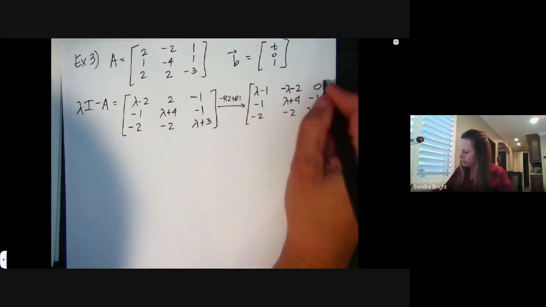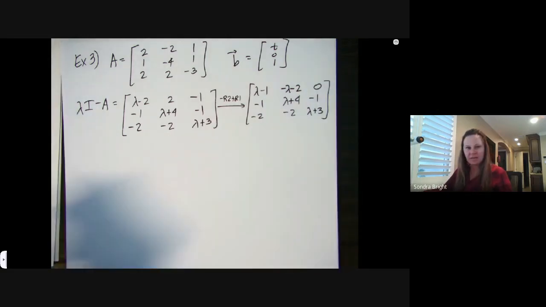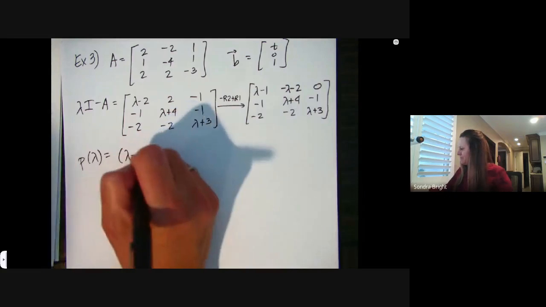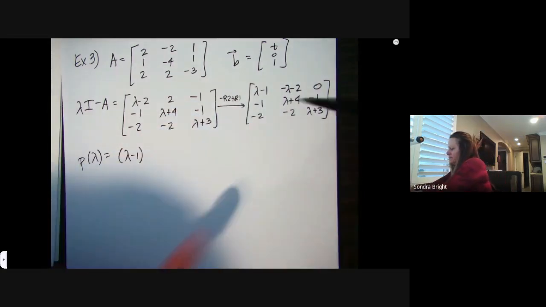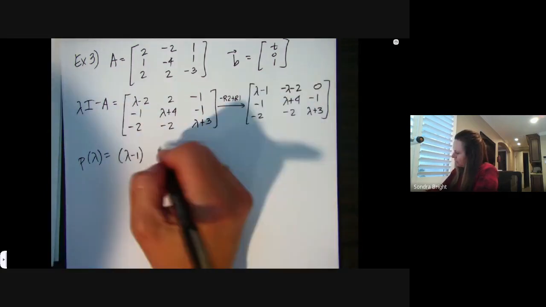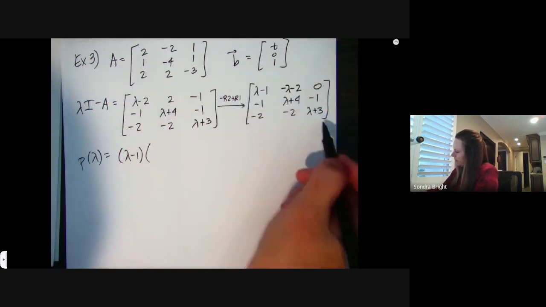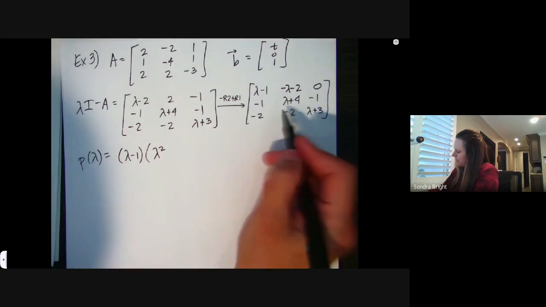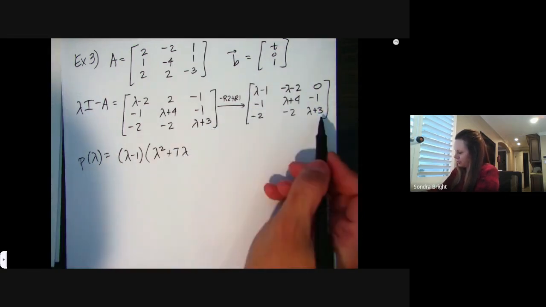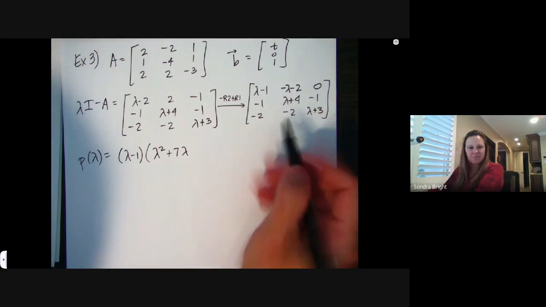So now your characteristic polynomial will be the determinant of this guy, which will be lambda minus 1 times the determinant of this guy, which would be a lambda squared plus 7 lambda plus 12 minus 2, so a plus 10. I know I'm skipping steps.